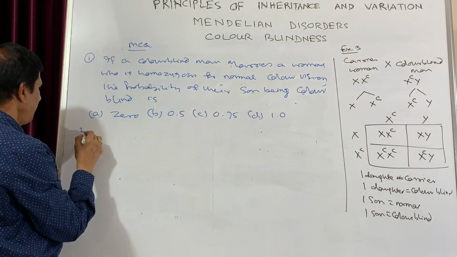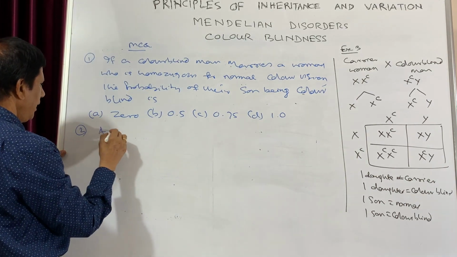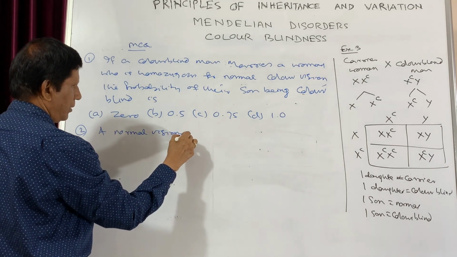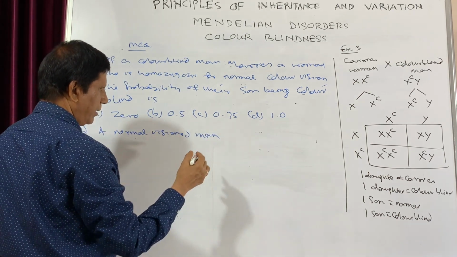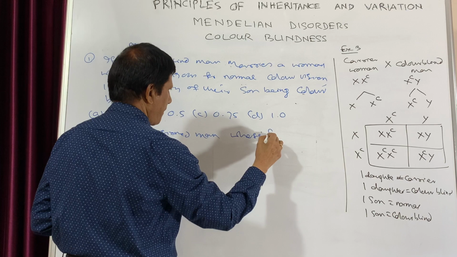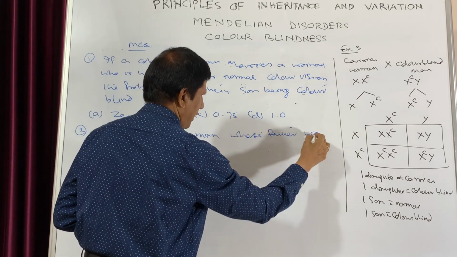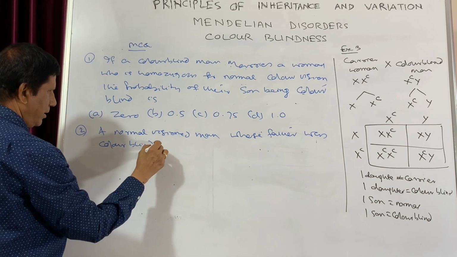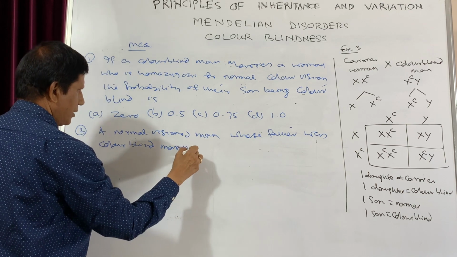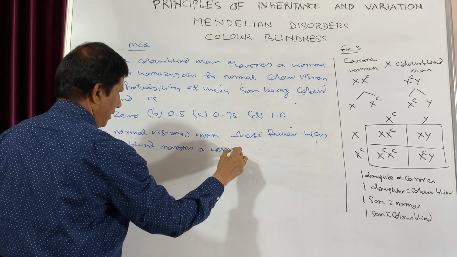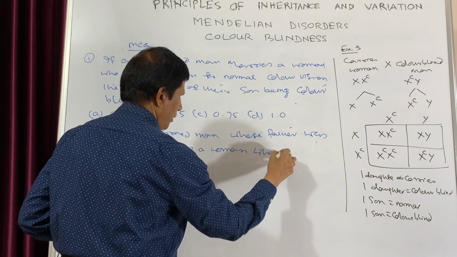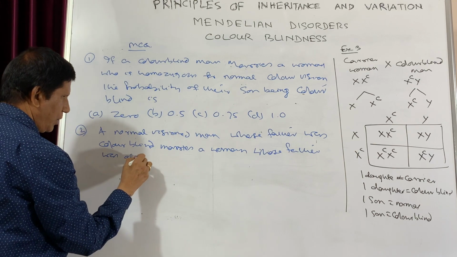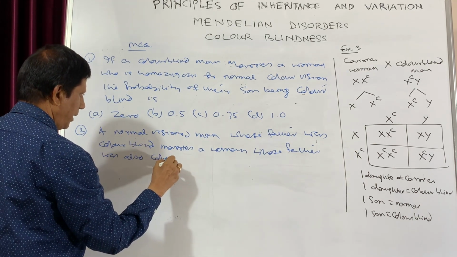Now come to the second question. The second question is, a normal visioned man whose father was colorblind marries a woman whose father was also colorblind.